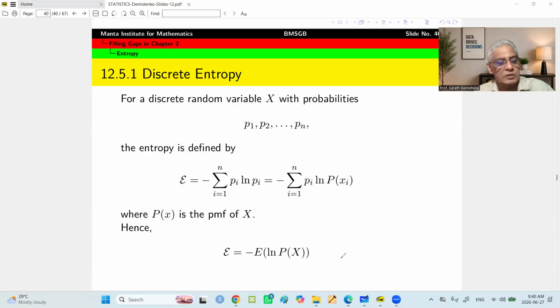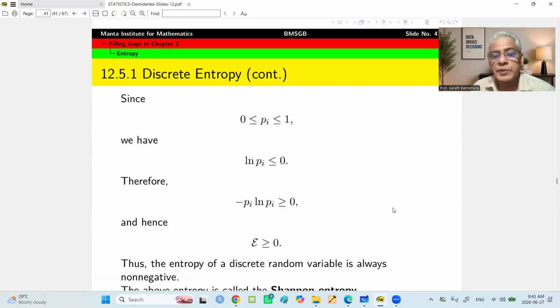And then let's look at the properties of this quantity. Each pi is a number between 0 and 1. Therefore, log pi is going to be a non-positive value, less than or equal to 0, because when pi is between 0 and 1, log pi is less than or equal to 0.